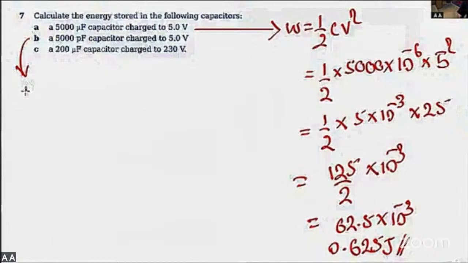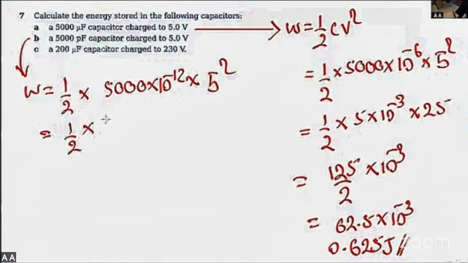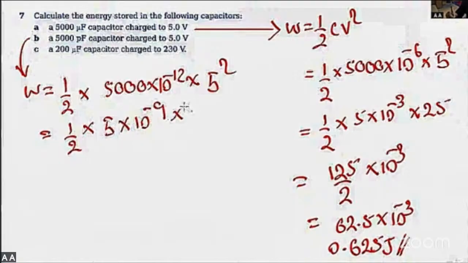Okay, next one. We can use the same equation, half, 5000 here picofarad. Pico means 10 to the minus 12, into 5 squared. Half into 5 into 10 to the minus 9 into 25.